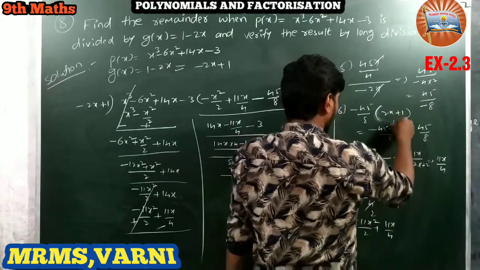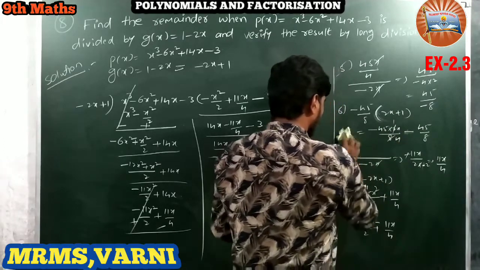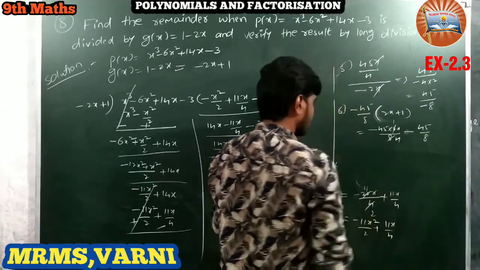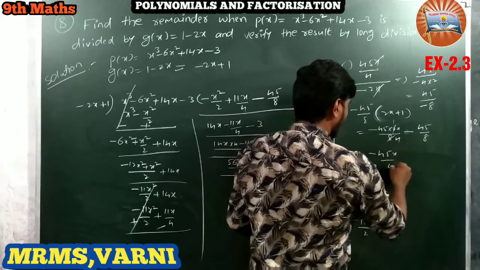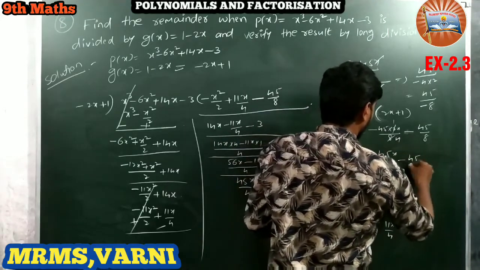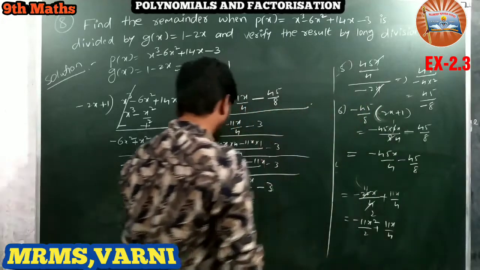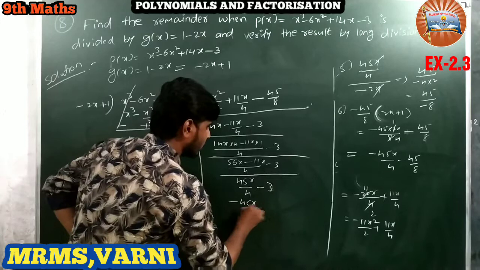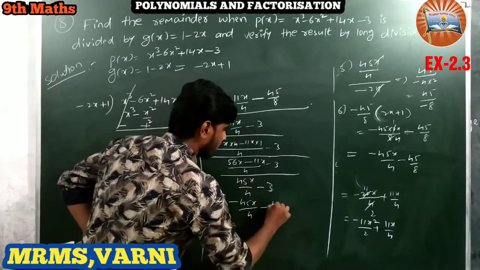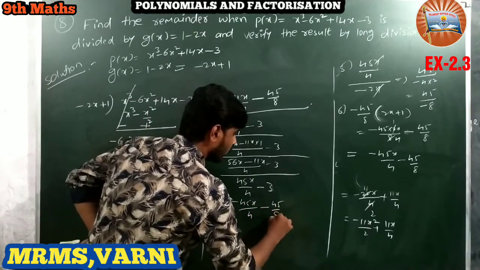Okay, so 2 ones are 2, 4s are 8. So what becomes minus 45x by 4 minus 45 by 8. Okay, so add on here minus 45x by 4 minus 45 by 8.